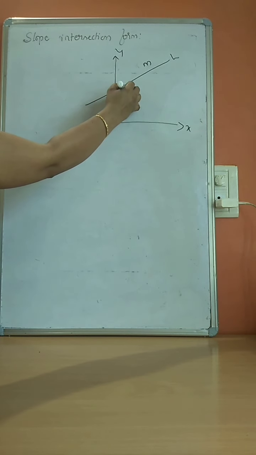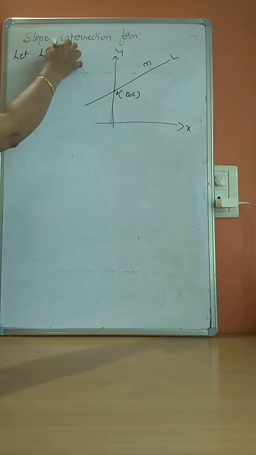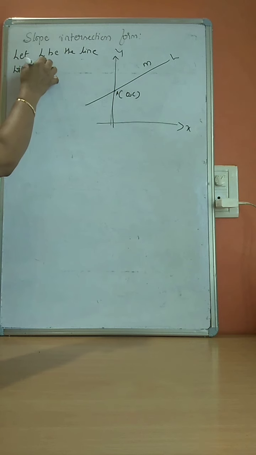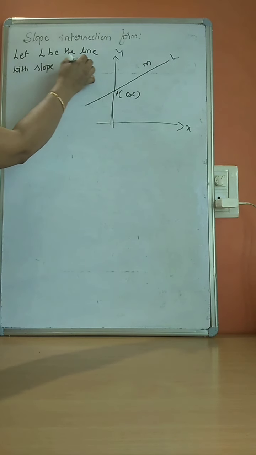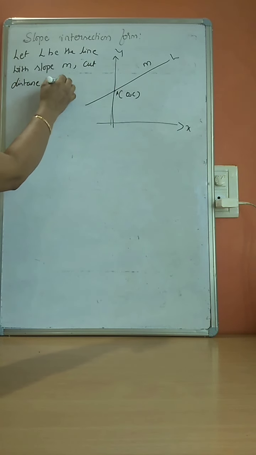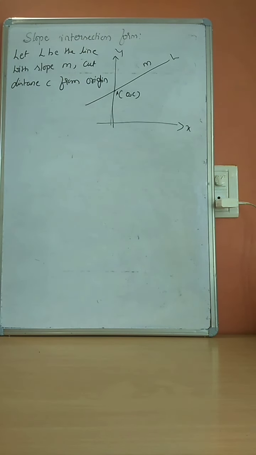Then the y-intercept is written as A of 0 comma C. How to write? Let L be the line with slope m, cutting distance C from the origin.